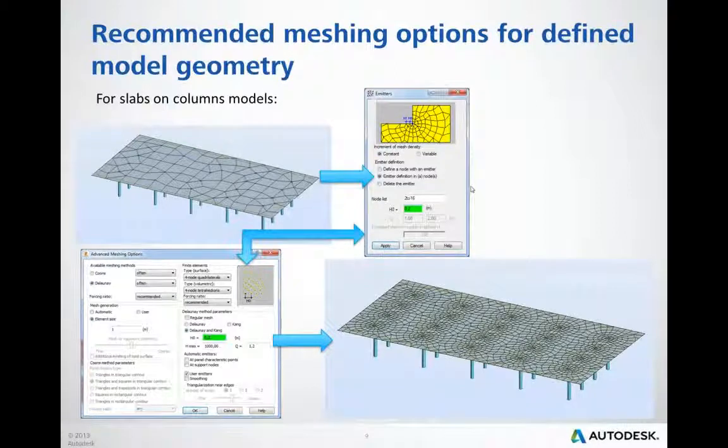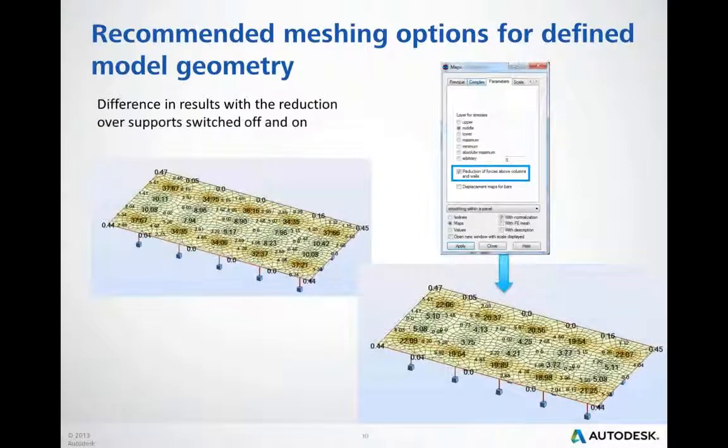The point is that in finite element method-based programs, the smaller elements you generate about the characteristic locations of characteristic points like point supports, the higher values of results, for example bending moments, you obtain. So as you know, in the software there is an option intended to average the results in these areas, which is called reduction of forces above columns and walls.